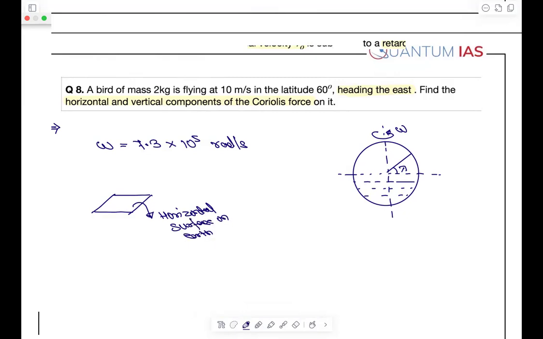Okay, and this is what I am writing as x, this is what I am writing as y, and this is what I am writing as z. Now z is nothing, it is the vertical, that is, it is up or down.